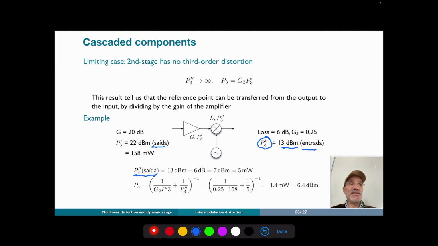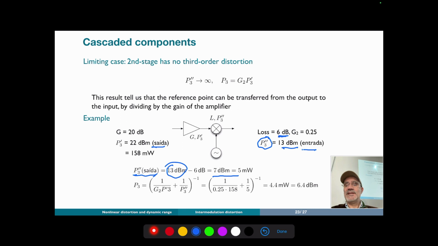Multiplying by the gain is equivalent in a log scale to adding the value in dB. And so we have 13 dBm referred to the input, minus 6 dB because the gain is minus 6 because it's a loss. And so we have at the output P3, which is 7 dBm.